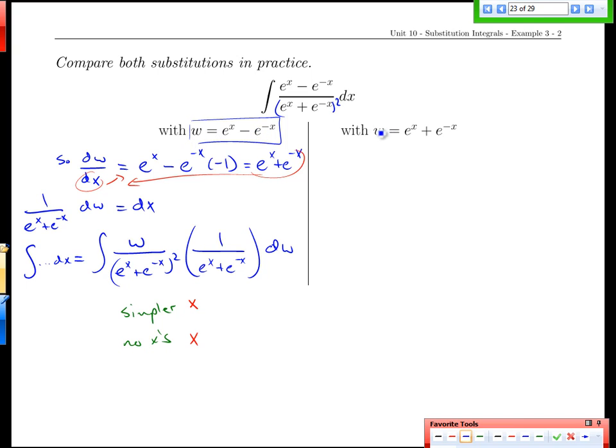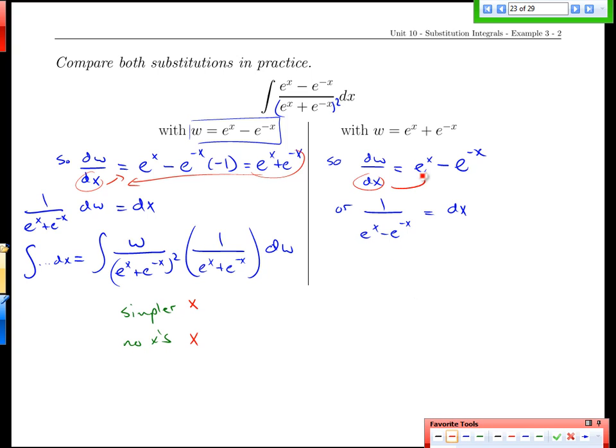Let's try it with w being the power in the denominator, or the inside function of the denominator. If we do it with dw dx here, we're going to get the derivative of e to the x plus e to the negative x, that'll be minus e to the minus x, or 1 over e to the x minus e to the minus x equals dx.